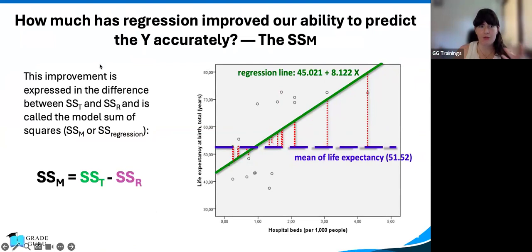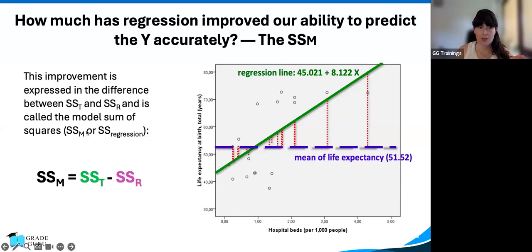Okay, so if you want to know how much regression has improved upon the mean, well, you would take your total sum of squares. So what would the inaccuracy be using the mean? And you subtract the inaccuracy of the regression, and what you have left is the SSM, which is called your model sum of squares.